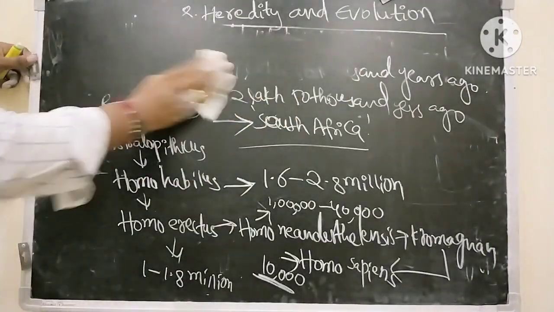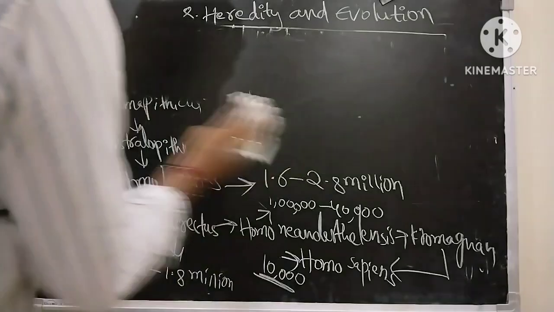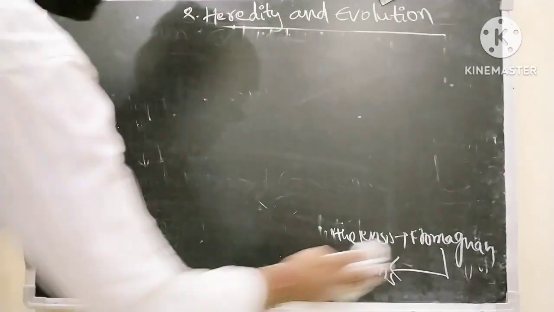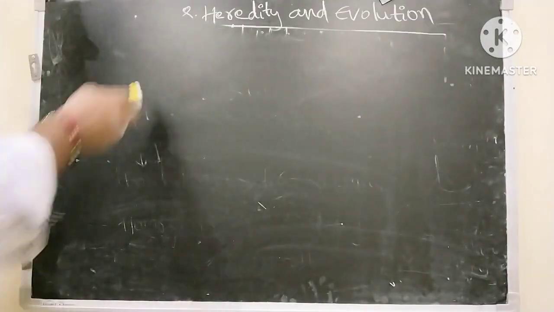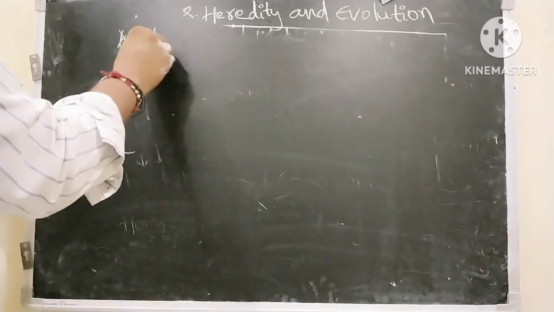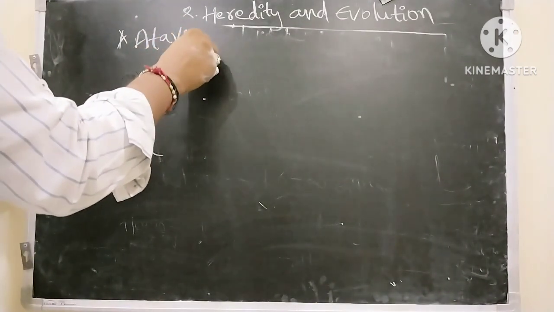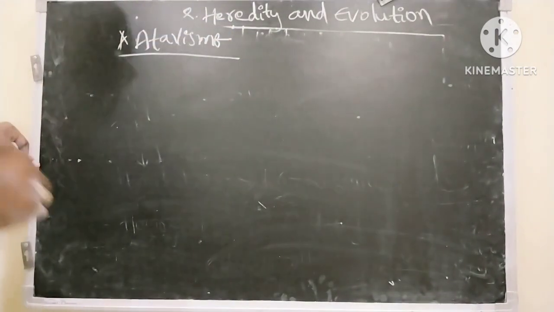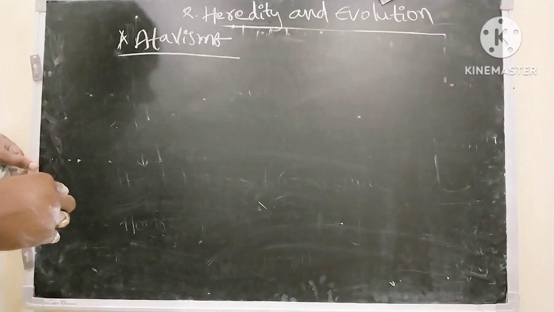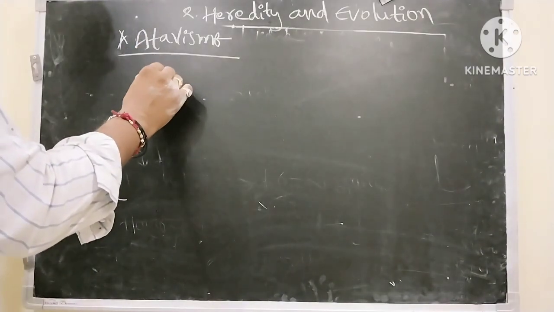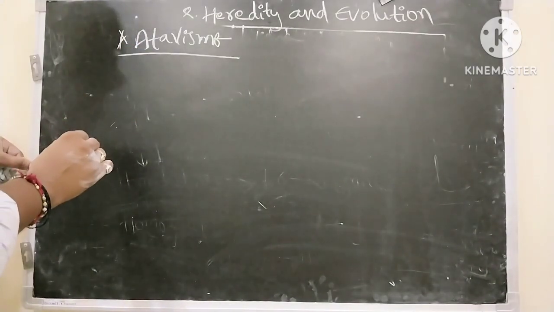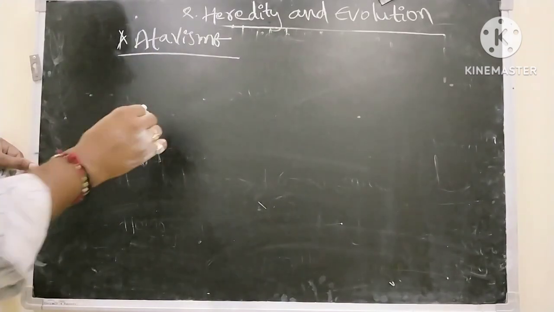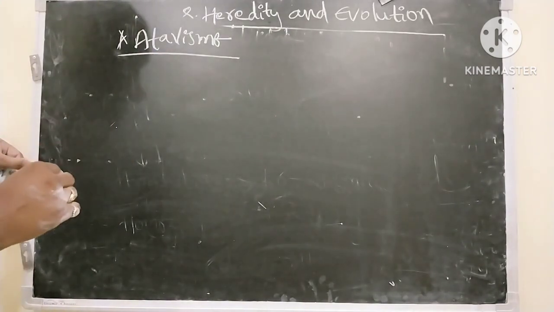Next, atavism. So what is atavism? If we observe our body, there are some organs which are not useful to our body.